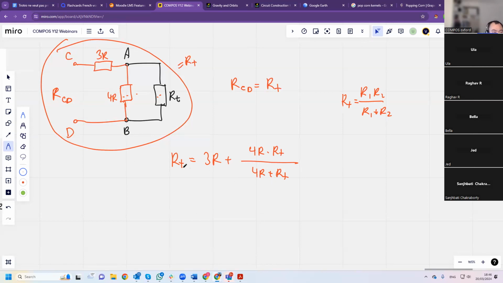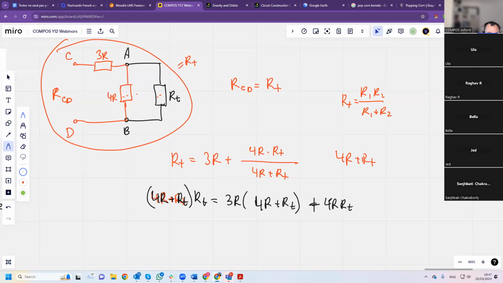Ooh, that looks like an equation that we can solve. So let's multiply everything by 4R plus RT. And that makes it 4R plus RT multiplied by RT equals 3R multiplied by 4R plus RT plus 4R RT.